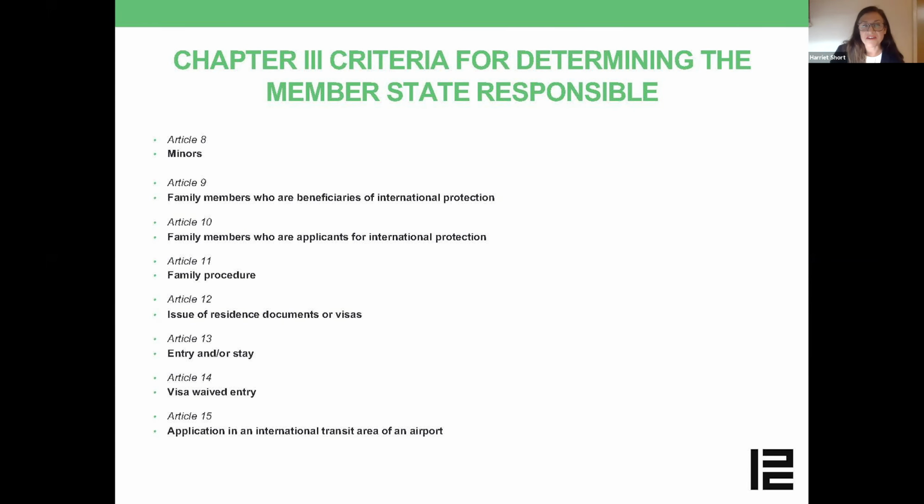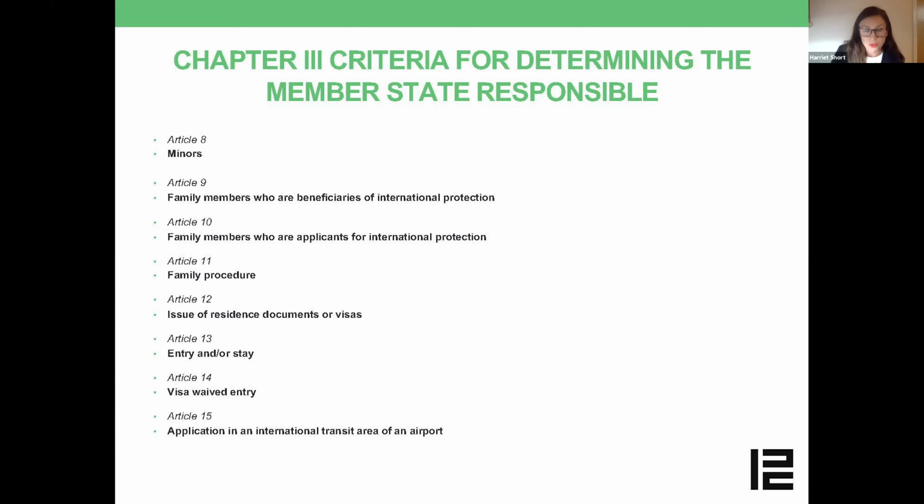The first few criteria in the hierarchy are underpinned by a focus on the best interests of children and ensuring family unity. If people have family members in other states, the regulation provides that those states are responsible rather than the first state through which the applicant passes when they come into the territory of the EU.